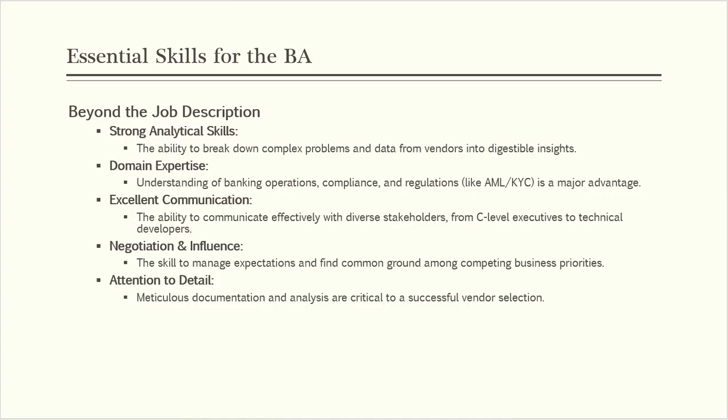And the negotiation skills: the skill to manage expectations and find common ground among competing business priorities, and to identify the appropriate negotiation approach that the business analyst should have. And attention to detail is the most important thing, to understand, to gather the requirements and collect detailed requirements, as each system or each requirement of the businesses is new.